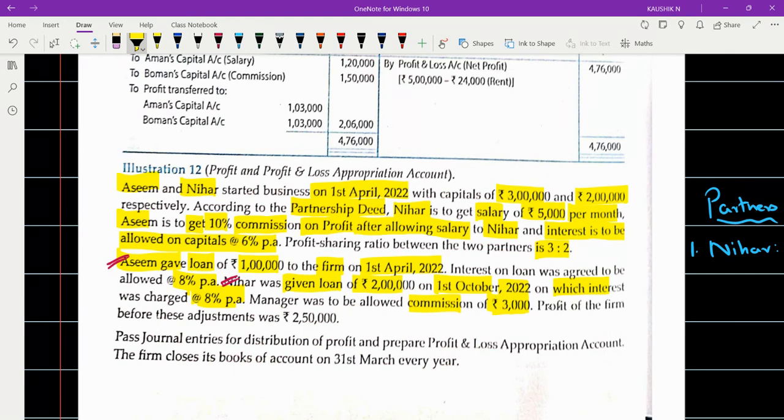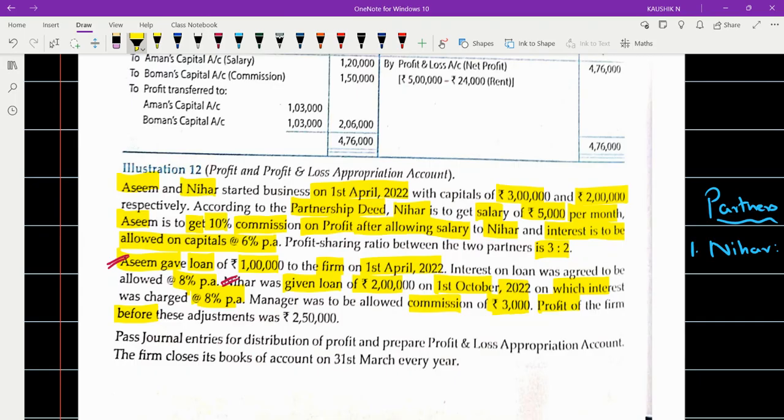Now it is given profit of the firm before these adjustments. So what are these adjustments? Interest on loan, there are two loans. Manager's commission is there, and then interest on capital is there.